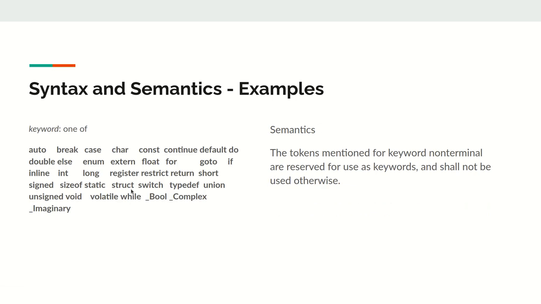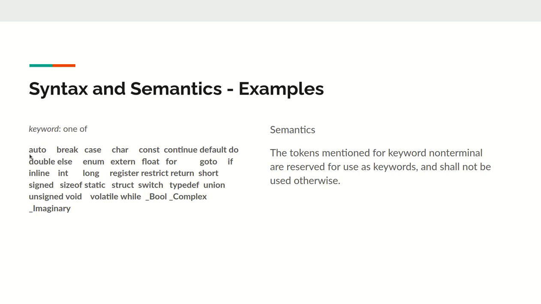We'll see one more example, the keyword non-terminal. A keyword is one of these reserved character sequences, like auto. If anything in the source file, if you have seen that auto with a space separator, then auto is considered as a keyword, and it won't be considered as an identifier, because auto itself is totally bold characters here.